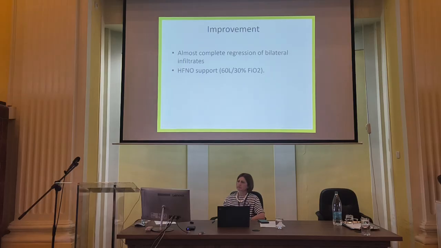So what happened next is that while on this therapy, there was an almost complete regression of bilateral infiltrates, and the patient was removed from mechanical ventilation and placed on high-flow nasal oxygen therapy for respiratory support. So basically, we recorded an improvement.